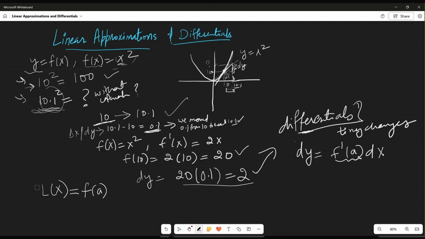So we have the linearization equation, which is equal to f of a, the value of the function that we are already familiar with, where we are already standing at 10, plus the rate of change, how fast it's changing at that known value, times the distance we are moving from one point to the other.